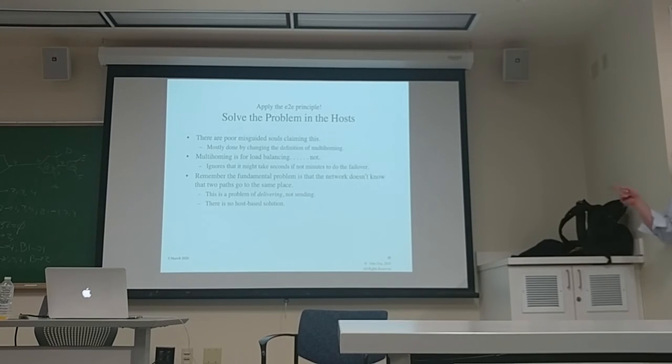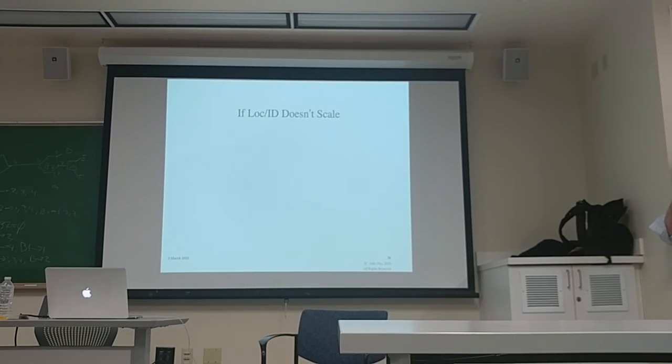This is a problem of delivering, not sending. If you solve the delivering problem, you've solved the load balancing problem. Local ID split doesn't scale. There's no solution involving routing on the interface that scales. In other words, IP is fundamentally flawed regardless of which one you're talking about. But we saw that coming a long time ago.